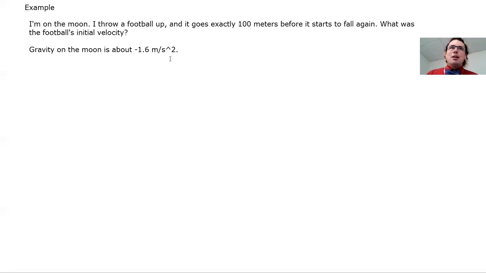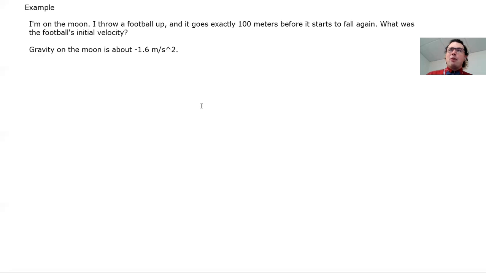So in this situation, I have actually made it to the moon, and I snuck a football up on the spaceship with me. I throw this football up, and it goes exactly 100 meters before it starts to fall again. So yes, again, I'm using some sort of device to measure distance up.